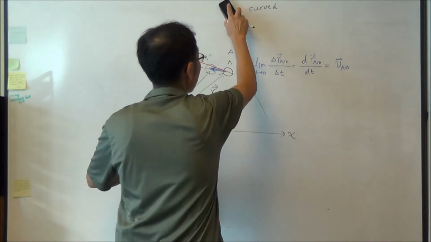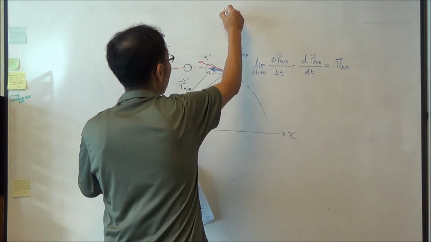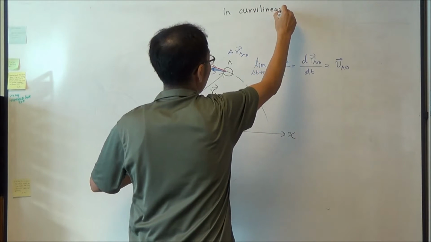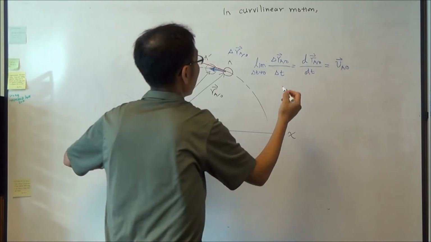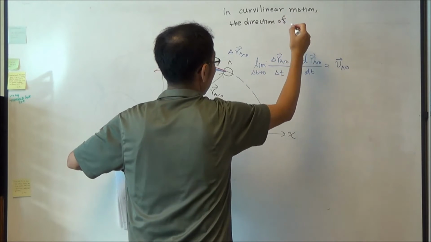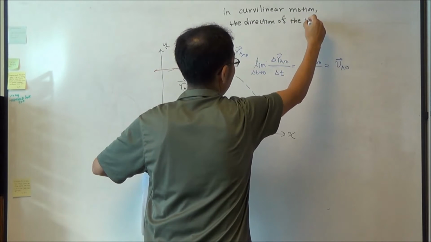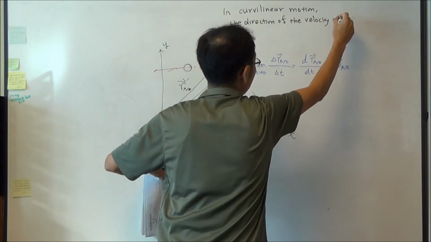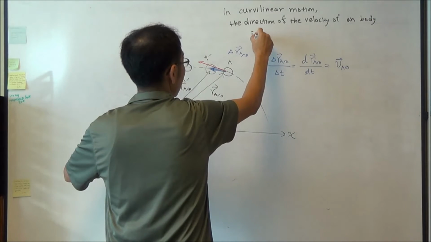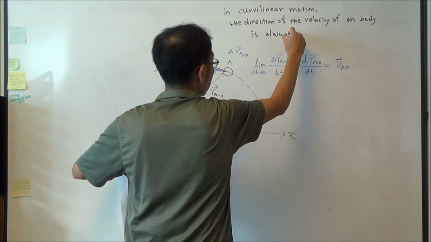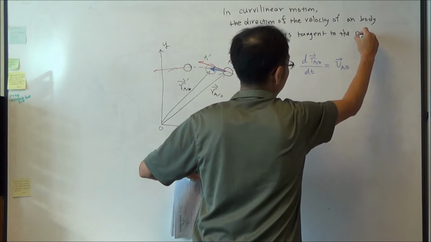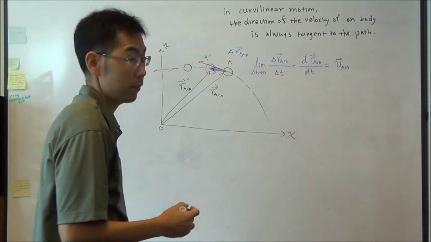So in curvilinear motions, the direction of the velocity is tangent to the path. So this is very important.